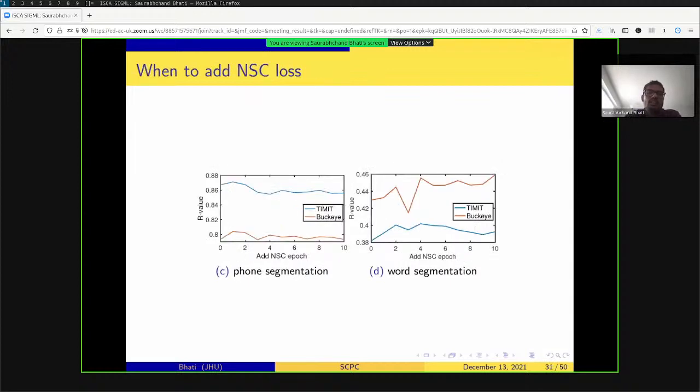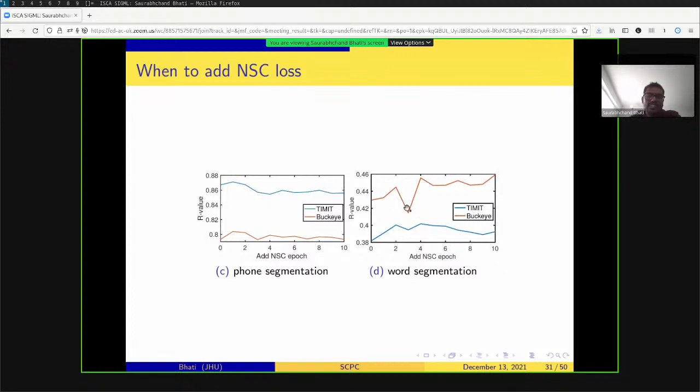Another question is how do we add the next segment loss? Do we train the model from the very start by focusing on both NFC and NSC, or do we let the model train at the frame level task for some time and then add the next segment loss? We did the same experiments and found that waiting for some time seems to be helpful for both tasks. There's a very huge dip for word segmentation.